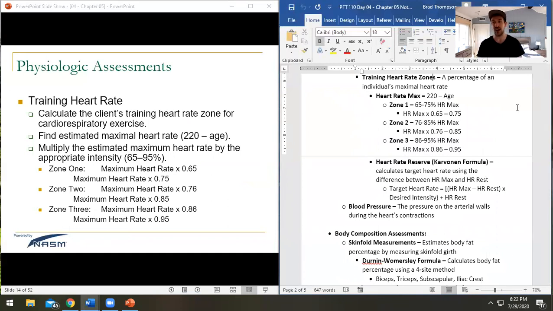And this is something that I did today. I've got my little heart rate monitor here, and I was doing some zone 2 cardio training today. So I want to be somewhere between 76 and 85% of my heart rate max. That's where I was hoping to be. It only happened once, luckily.